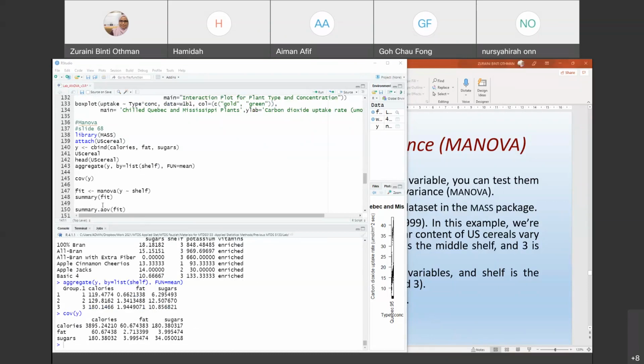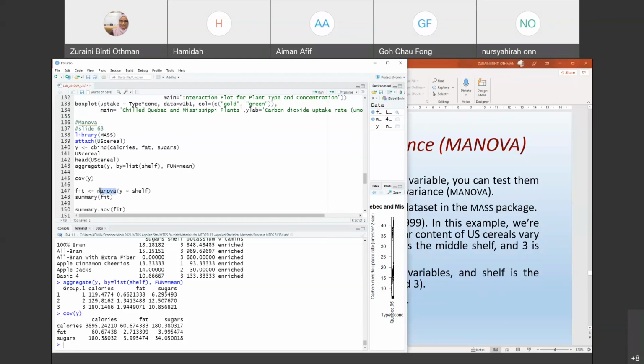Then MANOVA provides the multivariate test of group difference. The significant F value here indicates that the three groups differ on the set of nutritional measures.